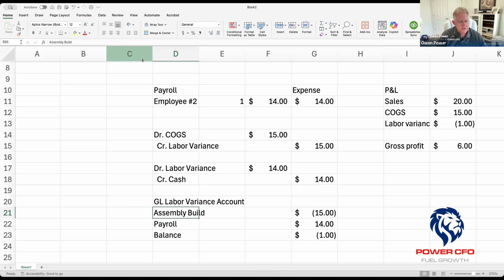Because if you're only expecting that to be 1 hour and you're expecting your cost to be $15, but your cost ends up being $30 because it actually took 2 hours, that will also start to show up in the labor variance account.